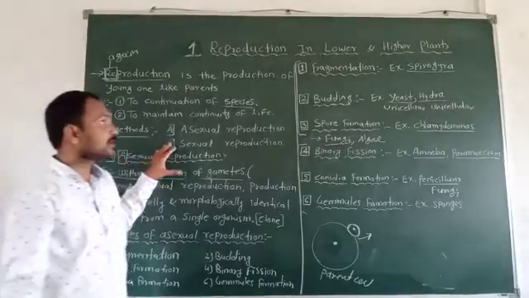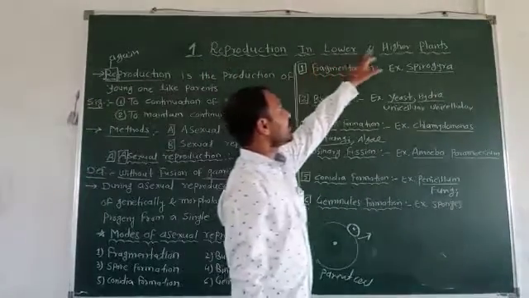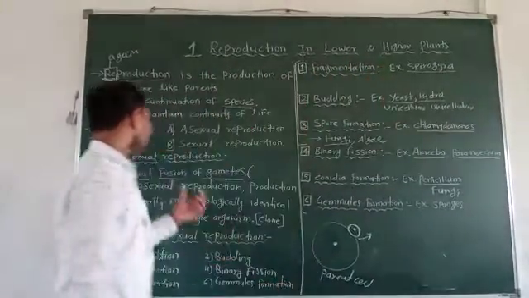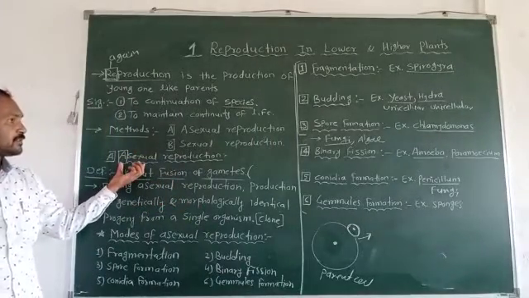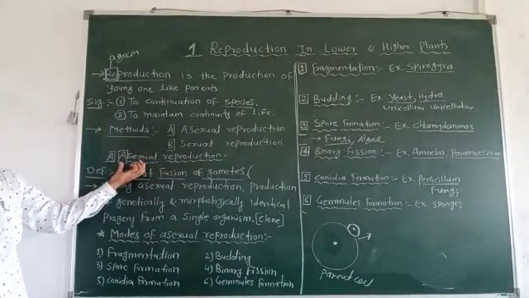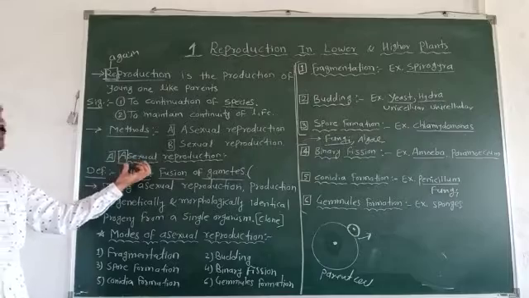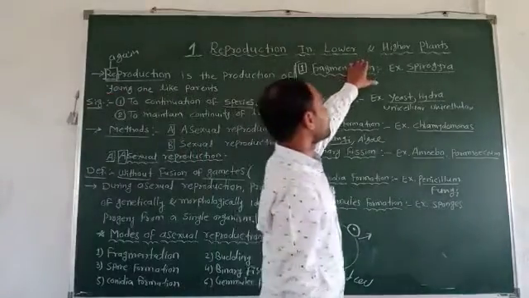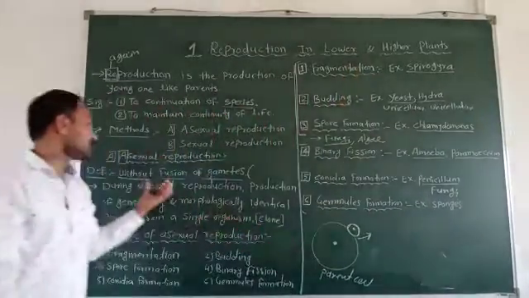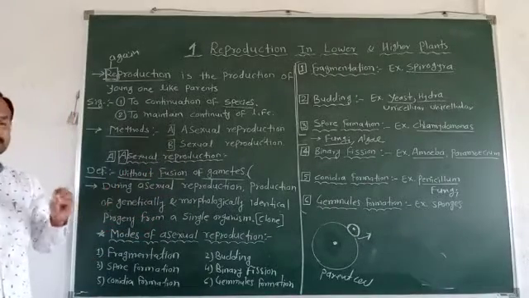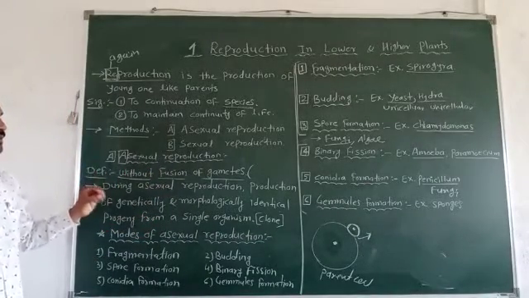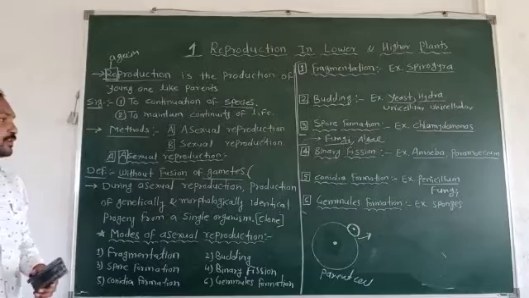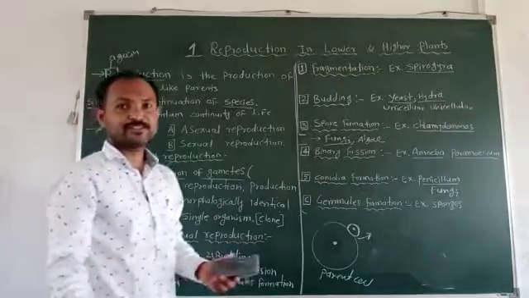But our point is actually about lower and higher plants. Asexual reproduction in higher plants is called vegetative reproduction or vegetative propagation. It is another term, but similar to asexual reproduction, and that we will take up next.